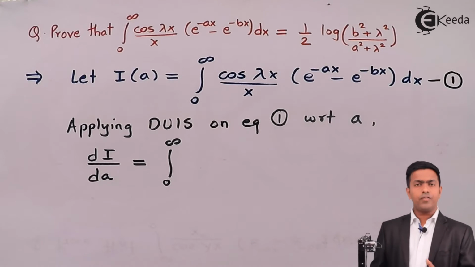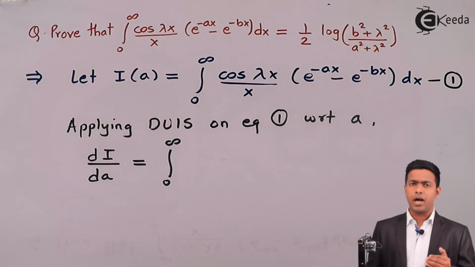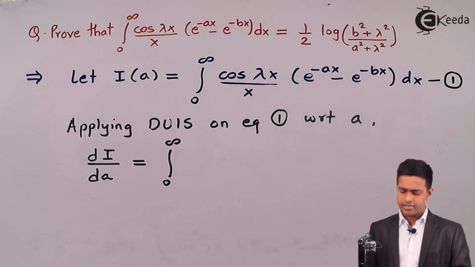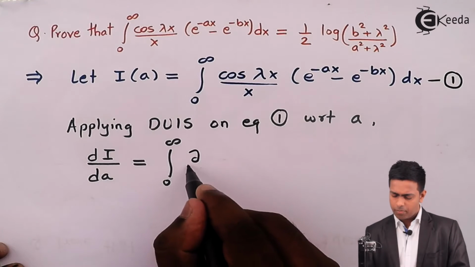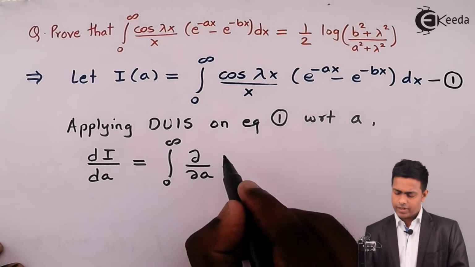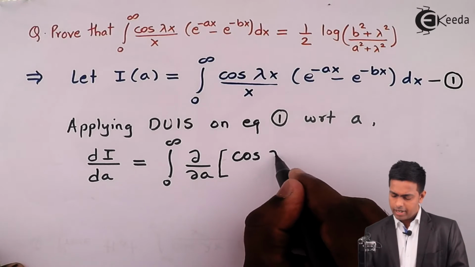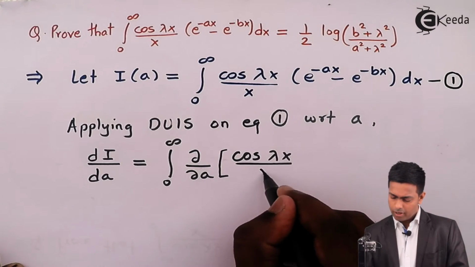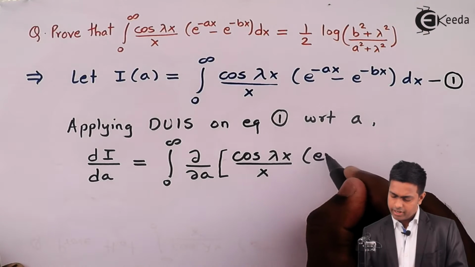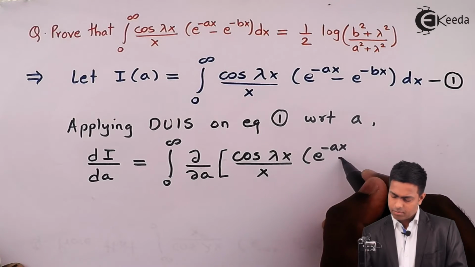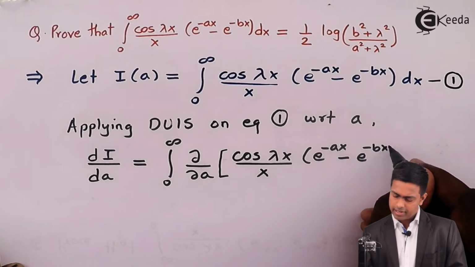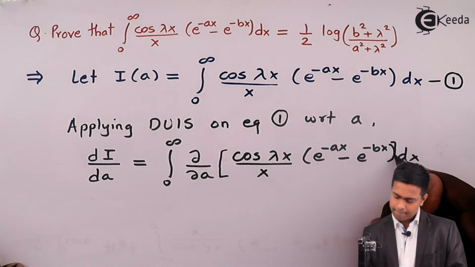In the rule of DUIS we find out the partial differentiation under the integral sign. So it is dou by dou A of the given function, that is cos of lambda x whole upon x into (e raised to minus ax minus e raised to minus bx) dx.